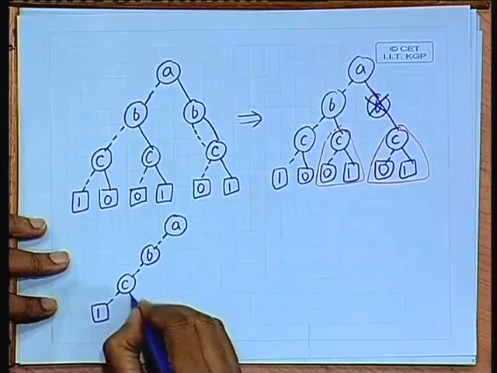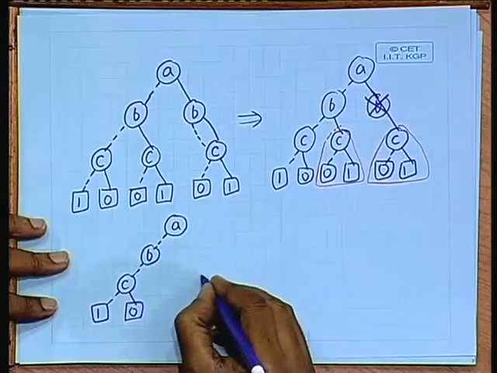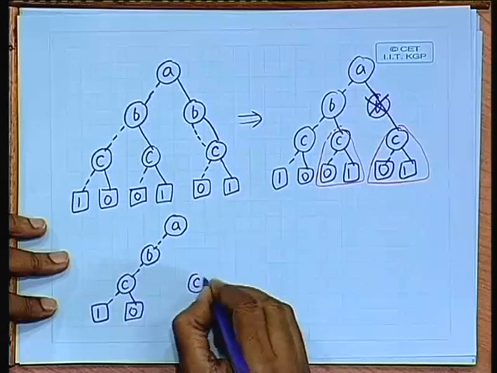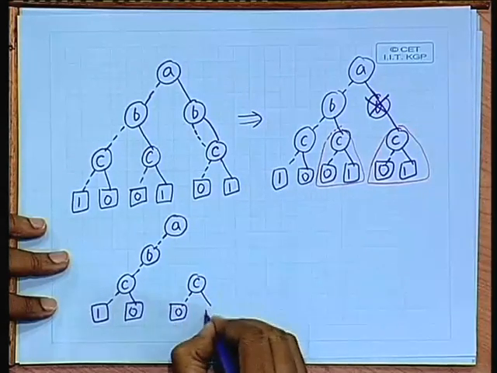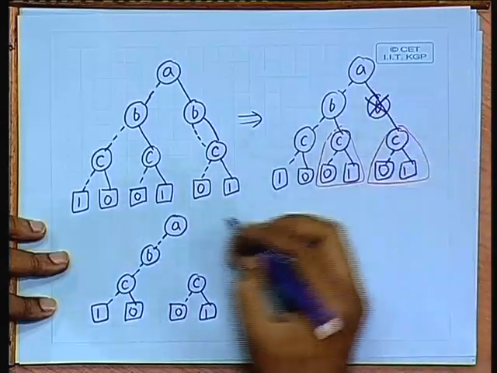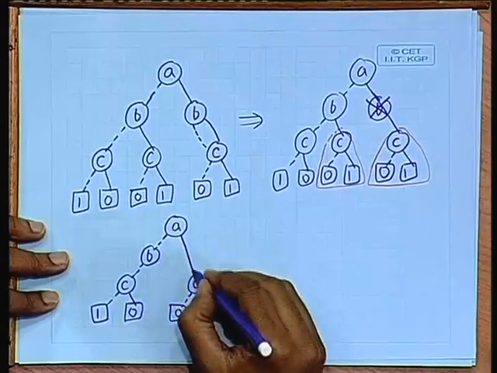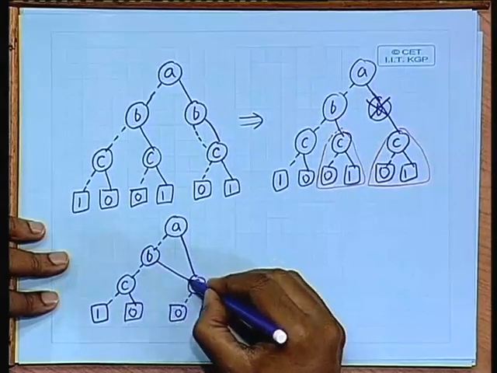This part remains same, but here you have only one C, 0 on the left side, 1 on the right side. You have arcs from A coming here like this, also arc coming from B. So there will also be arc coming like this.